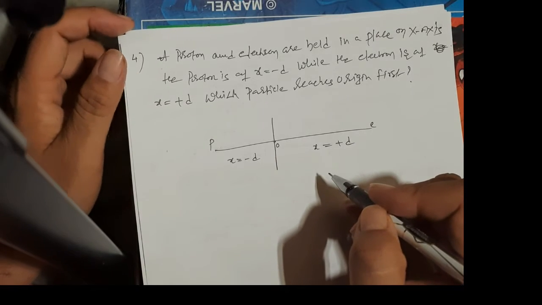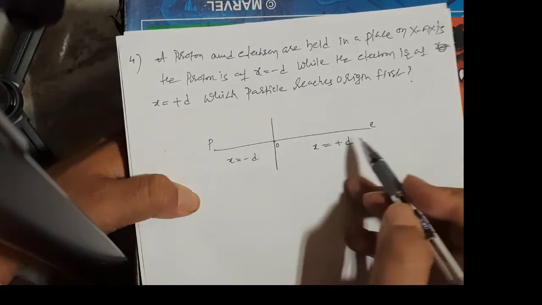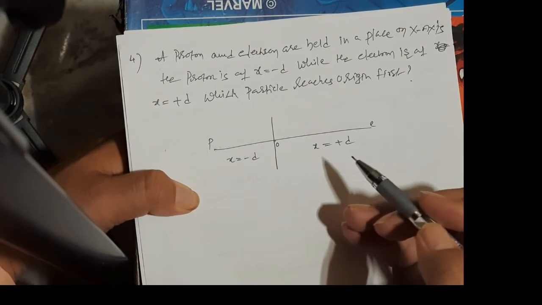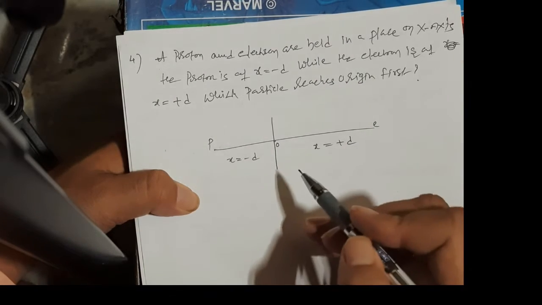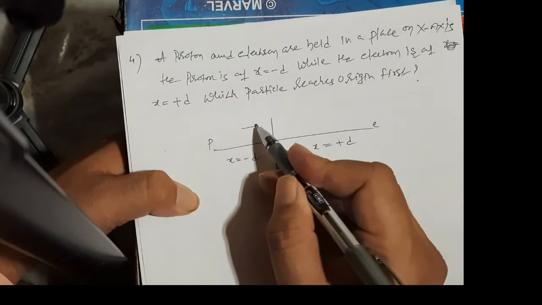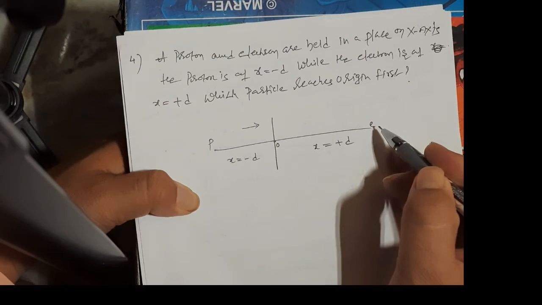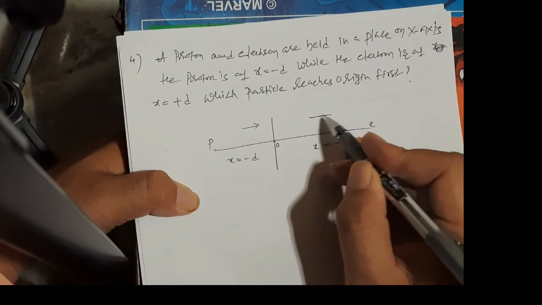So here we can easily understand that there is an attraction force between the proton and electron, so the force acting on the proton due to the electron is along this direction, and the force acting on the electron due to the proton is along this direction.